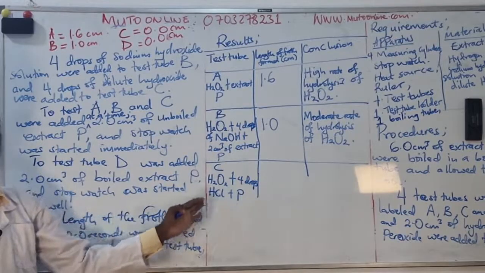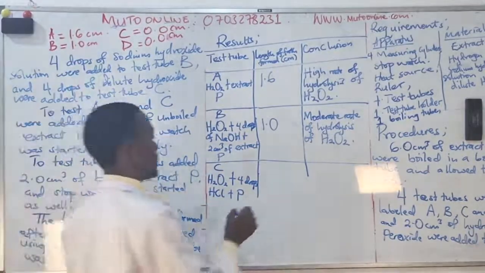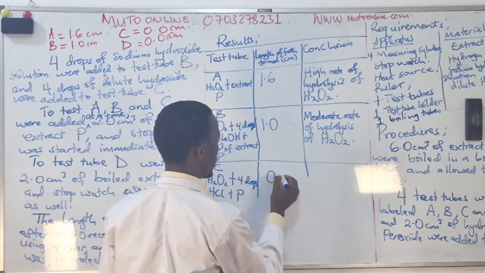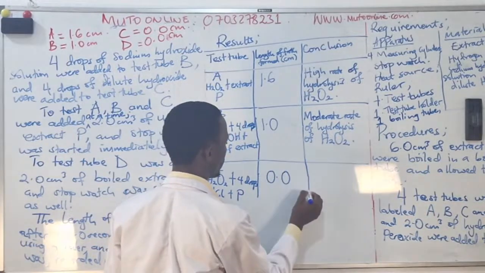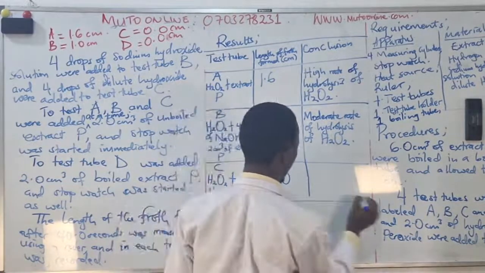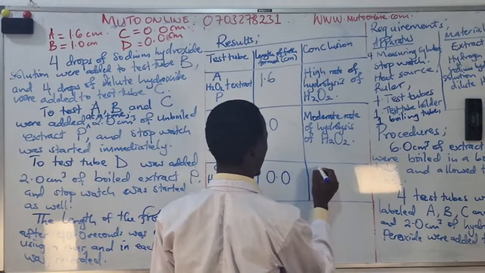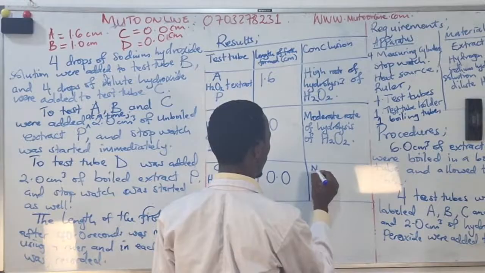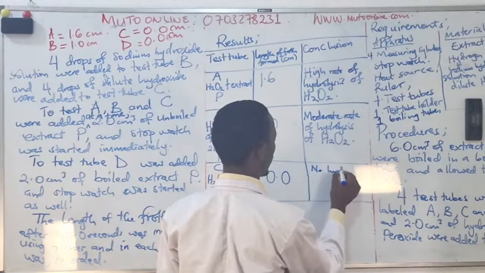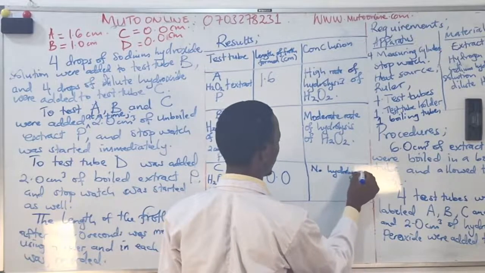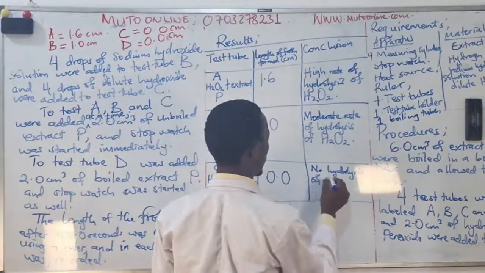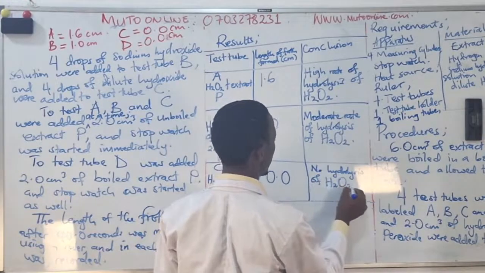I'm summarizing them. I got my length of a froth as 0.0. And this is an indication that there is no hydrolysis of hydrogen peroxide.